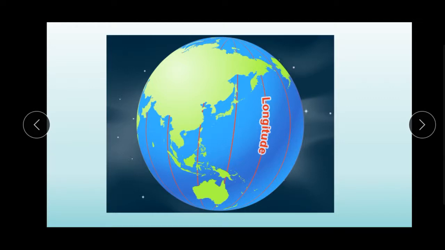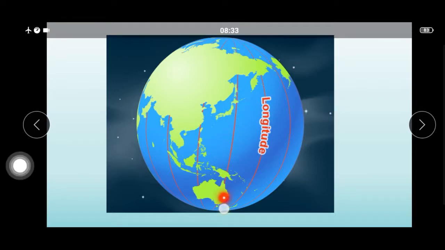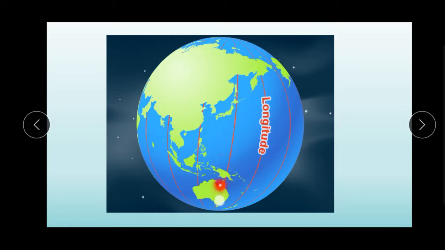Longitudes are drawn from North Pole to South Pole. Where is North Pole here? North Pole. Where is South Pole? Very good. So longitudes are lines drawn from North Pole to South Pole. Can you look at where the longitudes are here?